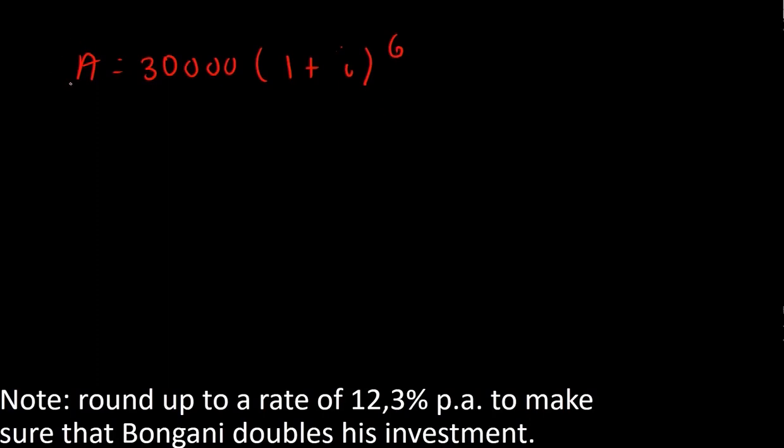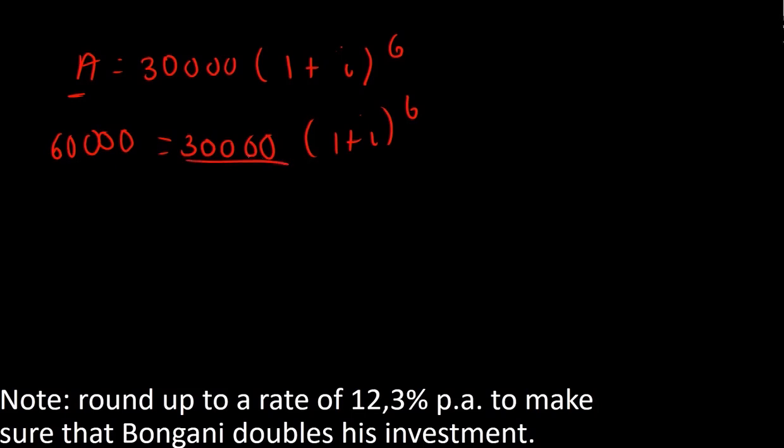He wants to double his money, so therefore A is 60,000. All right, so you can either write the values of the variables in and then solve for i, or you can first change the subject of the formula and make i the subject and then substitute your variables in. Either way, if you don't make any careless mistakes, you'll end up with the same thing.